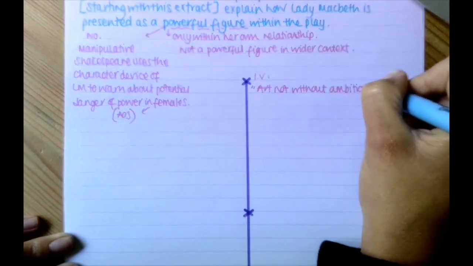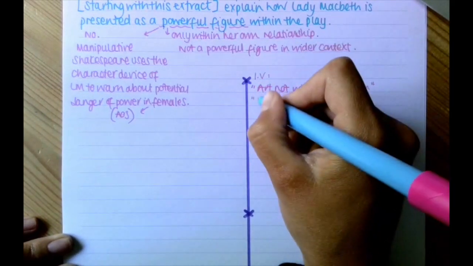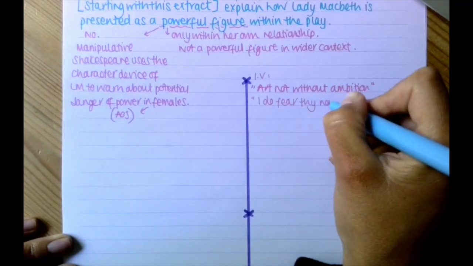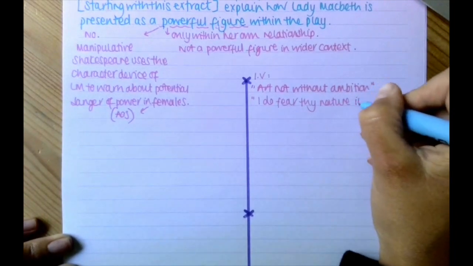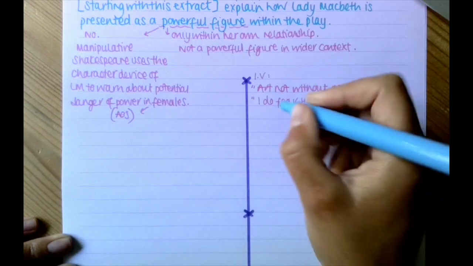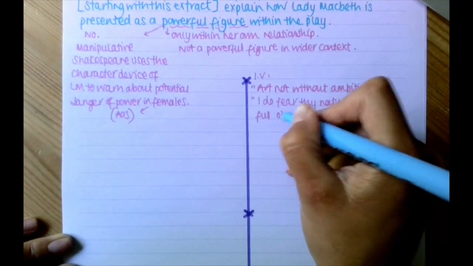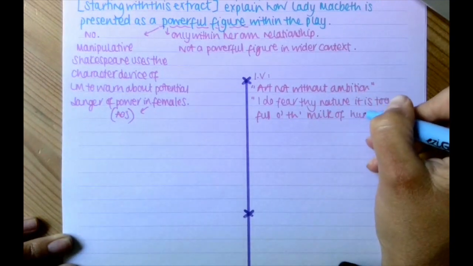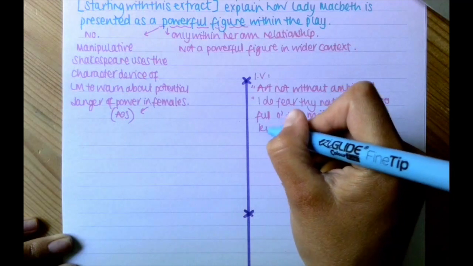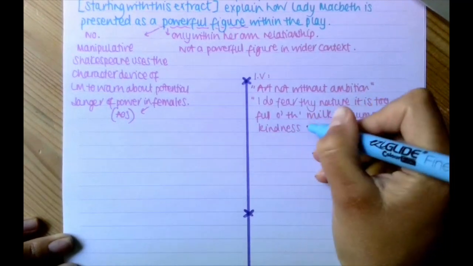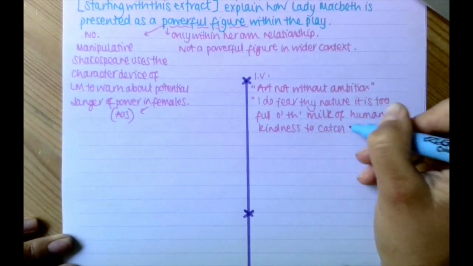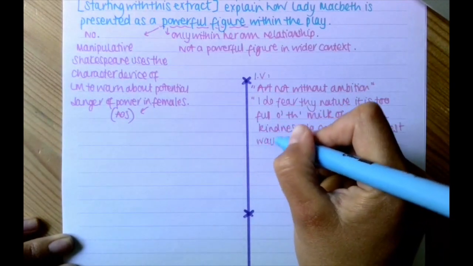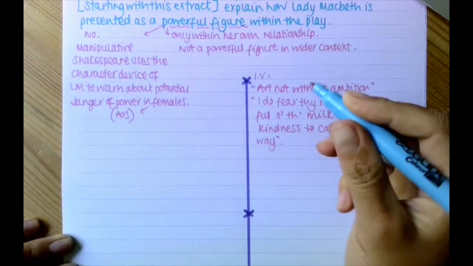She also says, "I do fear thy nature, it is too full of the milk of human kindness to catch the nearest way." Look at that. Memory. I haven't been thinking about Macbeth for a long time. So, art not without ambition.